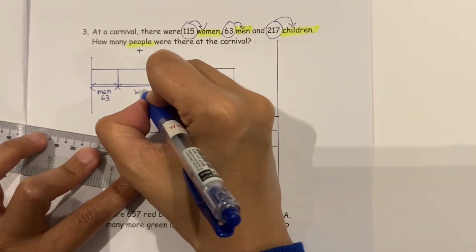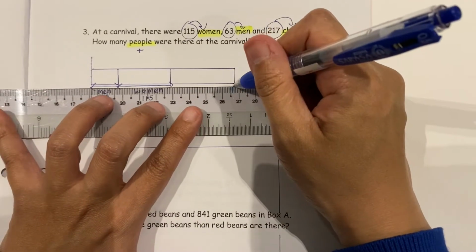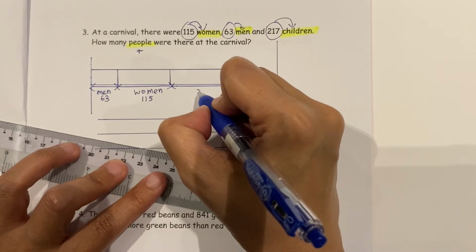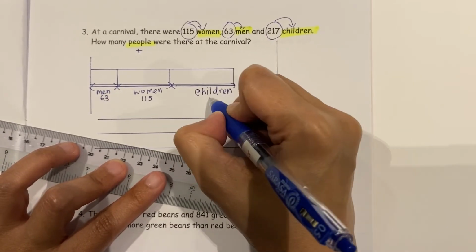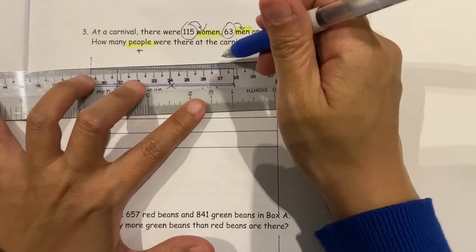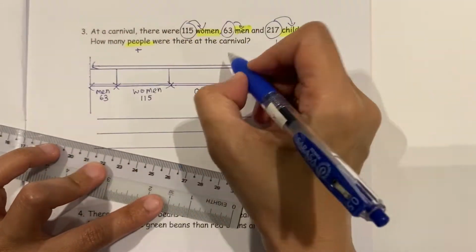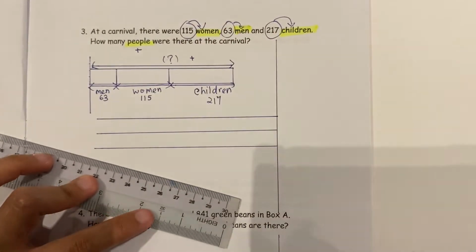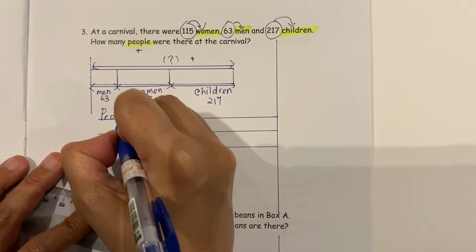So here is women, 115, and here is your children, 217. So here will be your total number of people, question mark, and I know it's a plus. Okay, so just write down there people.